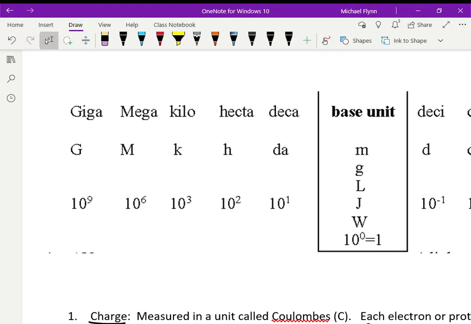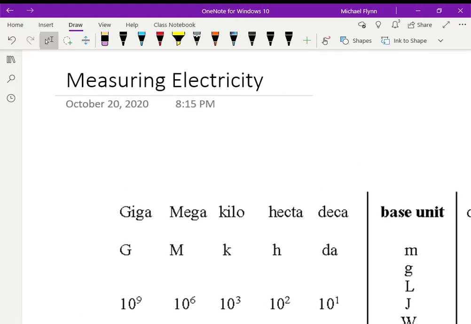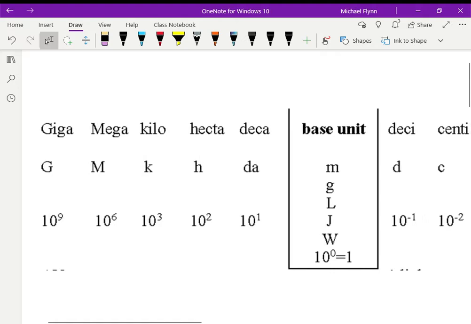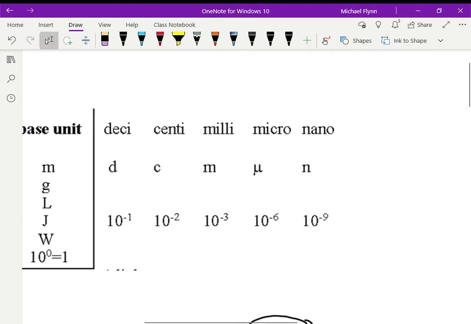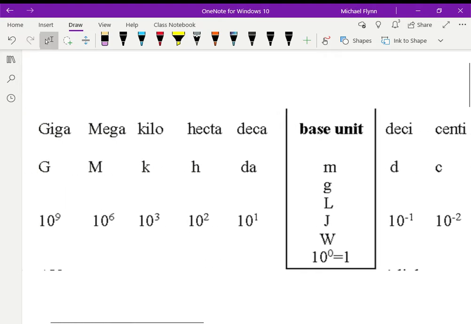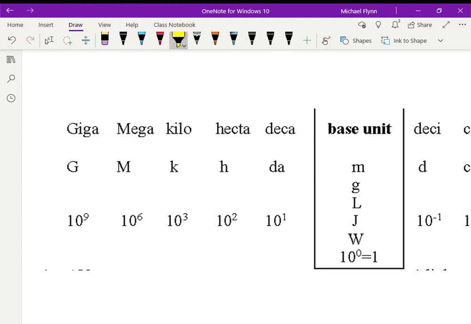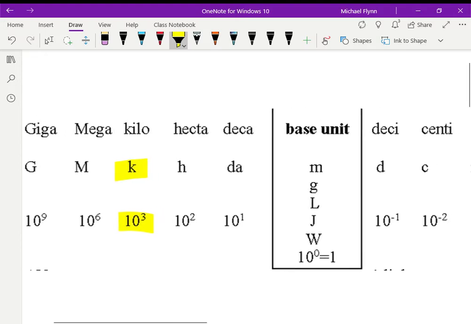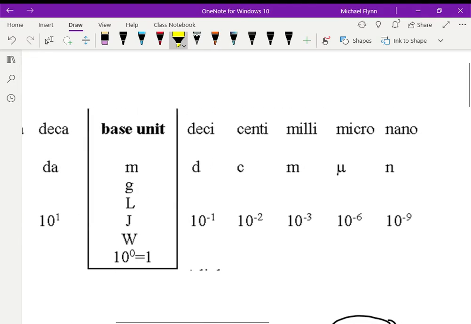So let's call the lesson electrical quantities. So, measuring electricity. Why do I have the metric chart here? Well, it's going to come up. Fortunately, you know this already, but just take note of the following. Kilo means 1,000, right? You can ignore most of these other units.